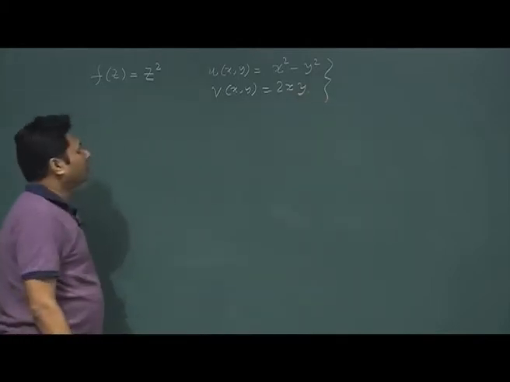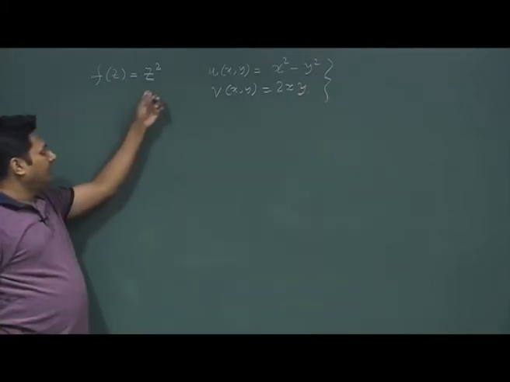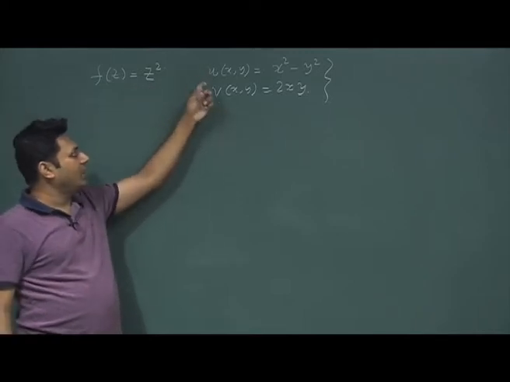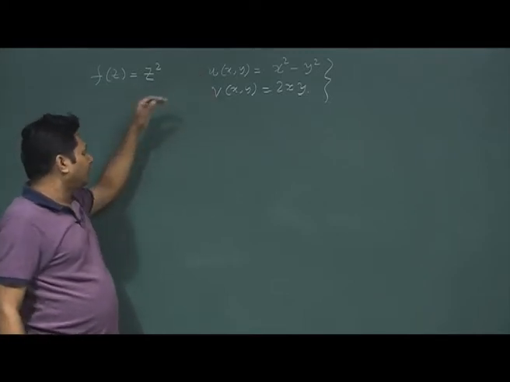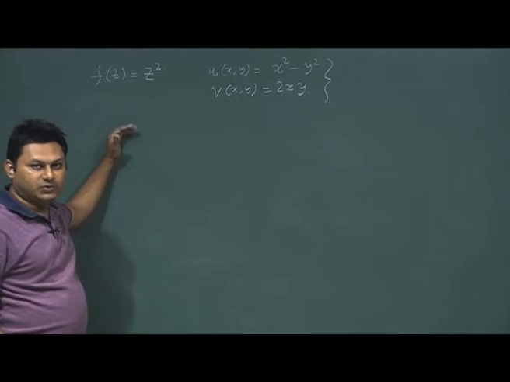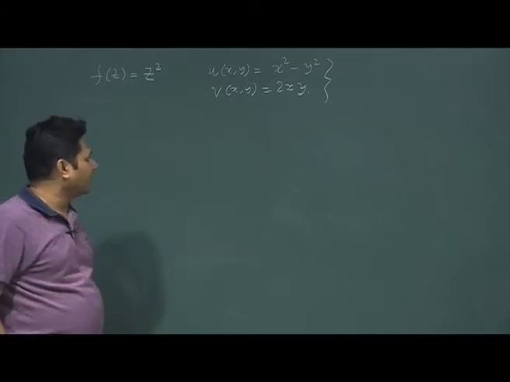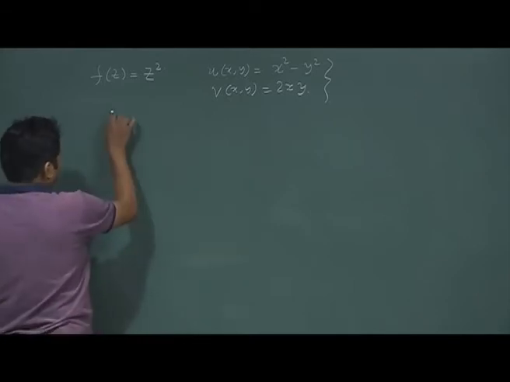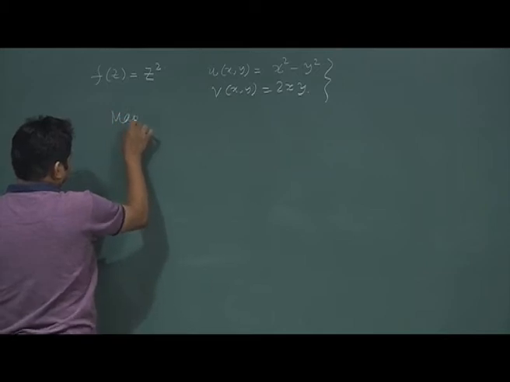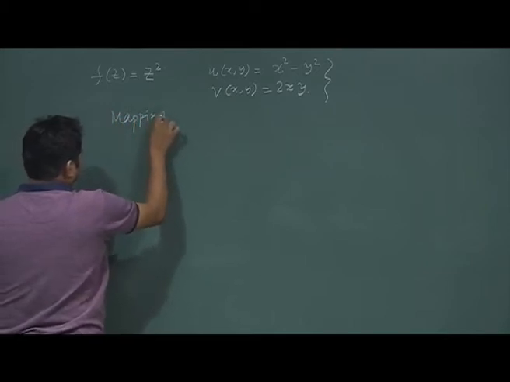What I am trying to do is find out, for different z, how u and v are related. Since it is not possible to draw the variation directly, what we can do is called the mapping. It is called the complex mapping.